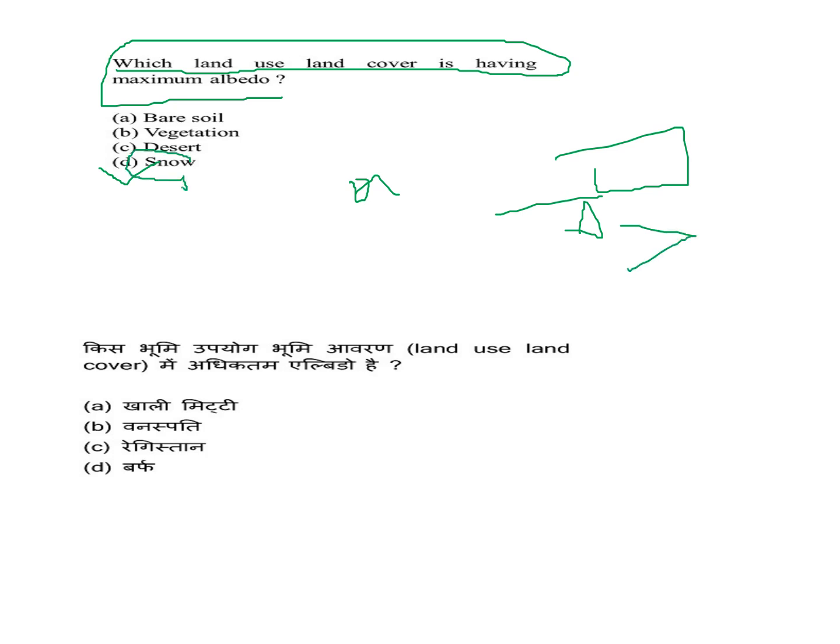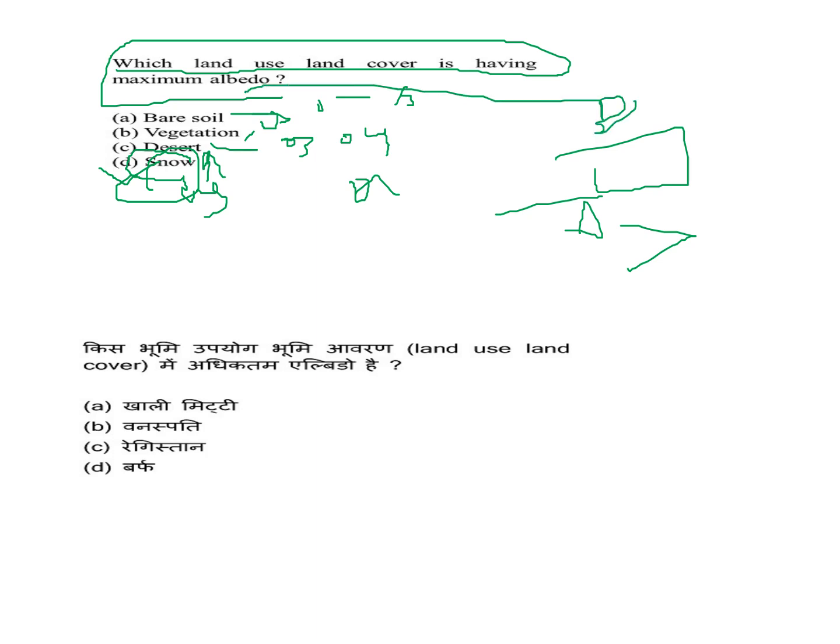Since it is very white in nature, it will have more albedo, about 0.8 to 0.9. For desert, it may be around 0.3 to 0.4. These are approximate values. For vegetation, it is about 0.2. For bare soil, it is about 0.1 to 0.3. But always remember, bright, light colored surfaces will reflect more radiation.